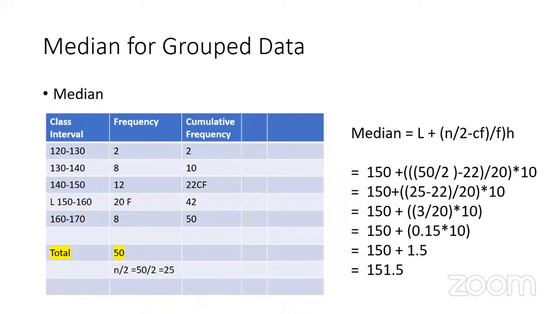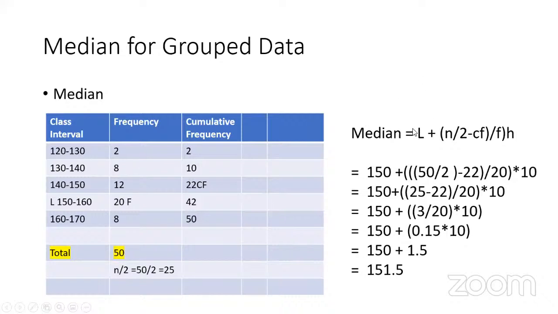How to do that was for raw scores, and for the group data the formula would be L plus (N by 2 minus CF) by F into H. Here N represents the number of observations, CF represents the cumulative frequency, F represents the frequency, and H represents the class width, the gap of your class from the lower limit to the upper limit.